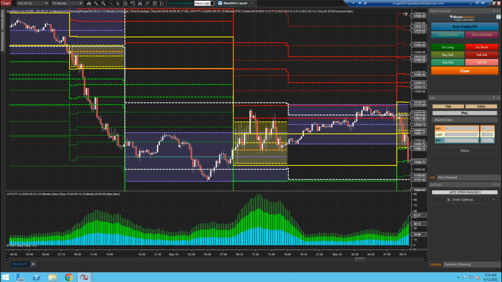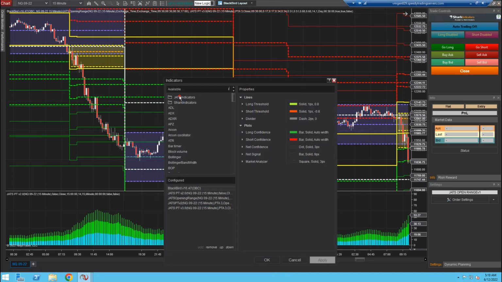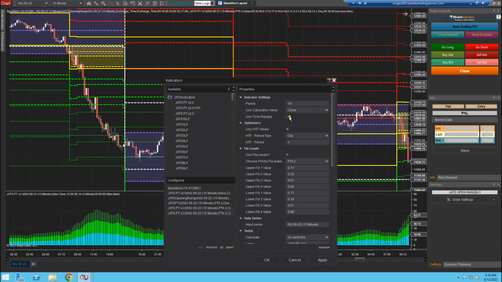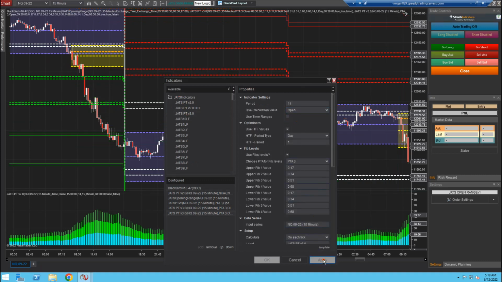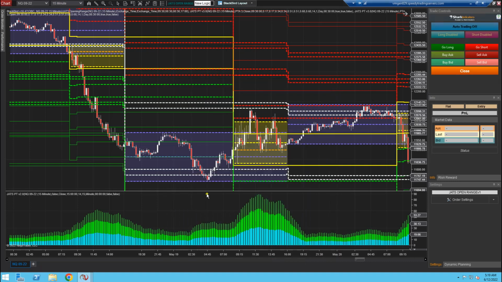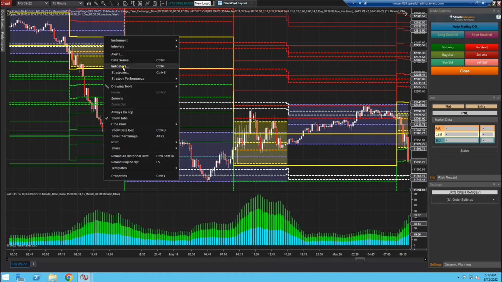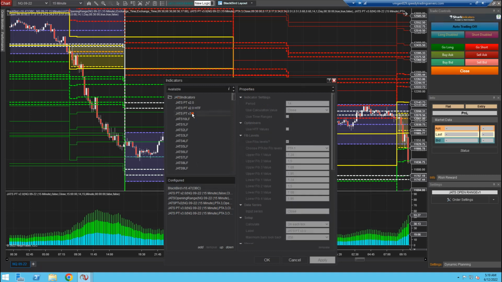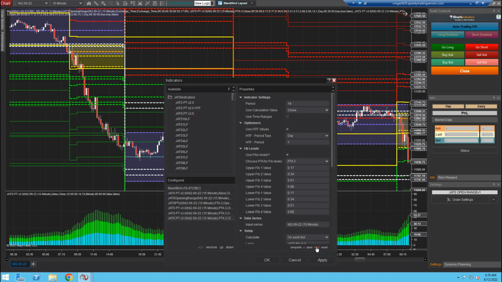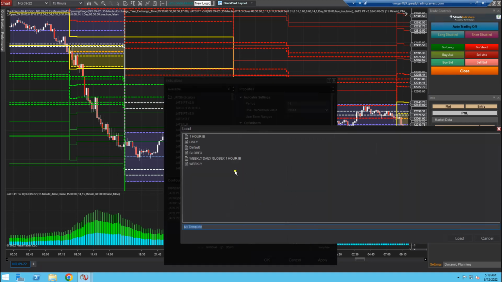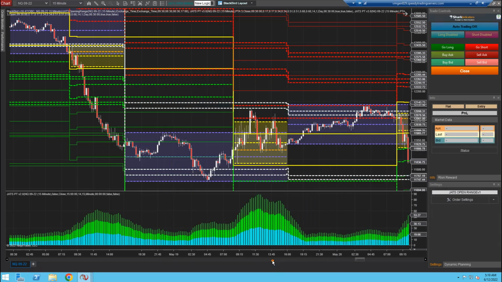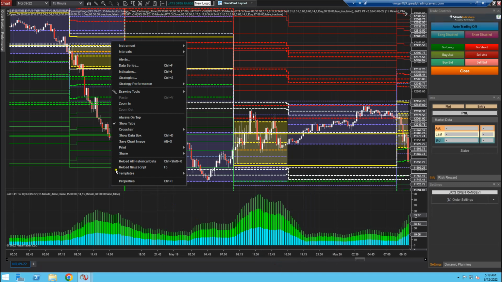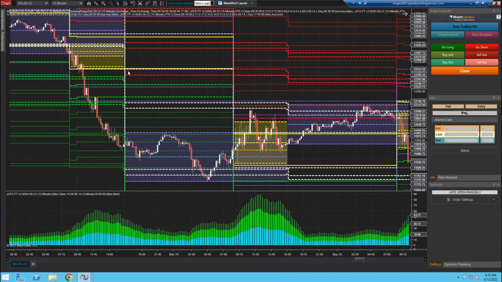So let me add a couple more. That was the close. Here's the open. And then you can also get weekly and daily. Put it weekly on here, or Globex. Put the Globex first. And then the weekly.